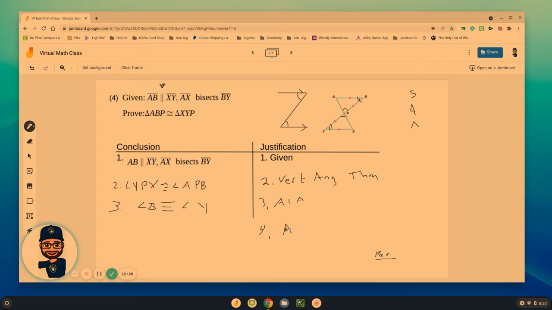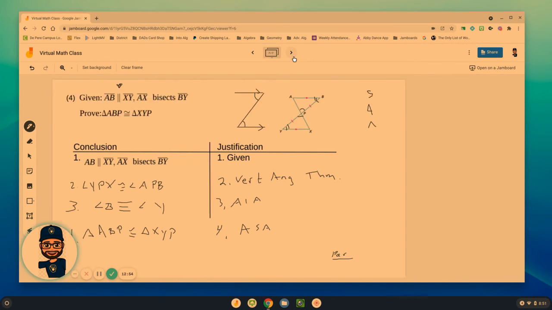Angle, side, angle allows us to say that those two triangles are definitely congruent. But we had to show that those two other angles were congruent first. One by vertical and one by alternate interior angles. How did I know to use alternate interior? Because of the parallel lines.